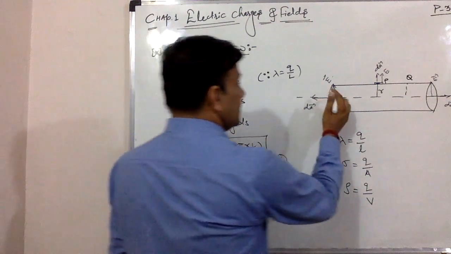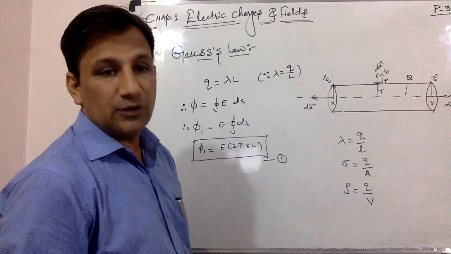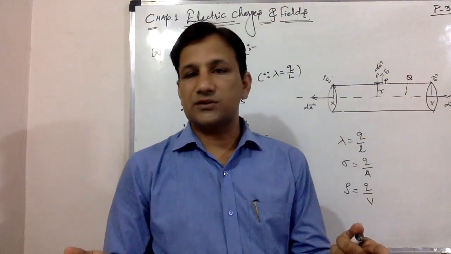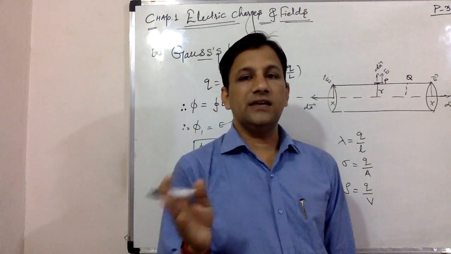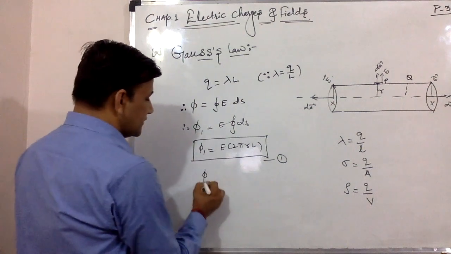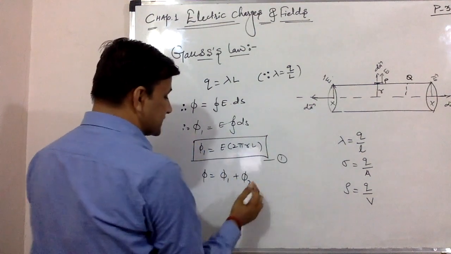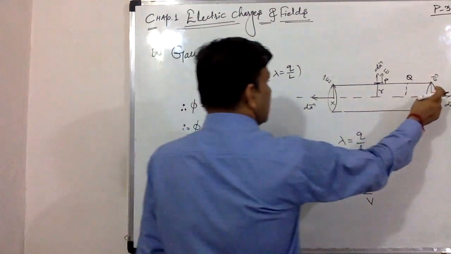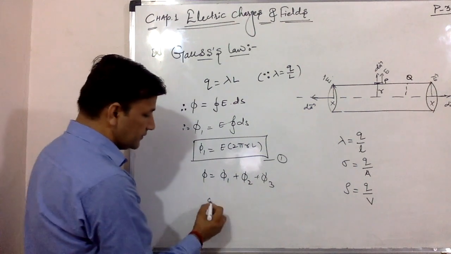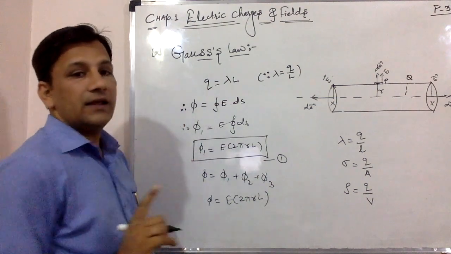So the flux we get at both ends is 0, because the angle between E and dA becomes 90 degrees. Now the total flux phi is equal to phi 1, plus phi 2 associated with this end, plus phi 3 associated with the other end. These are 0, so phi is equal to E 2 pi r L.